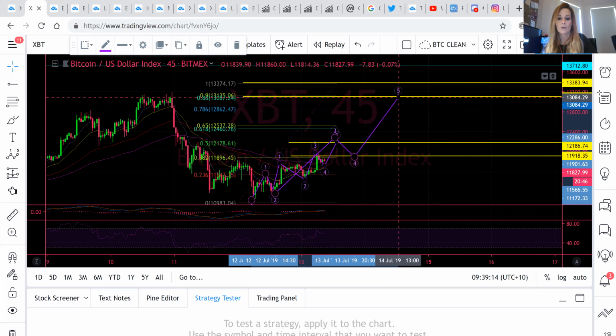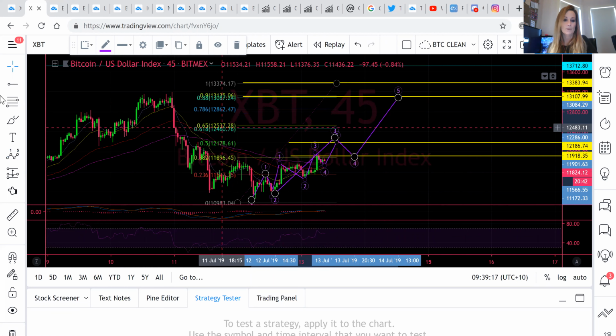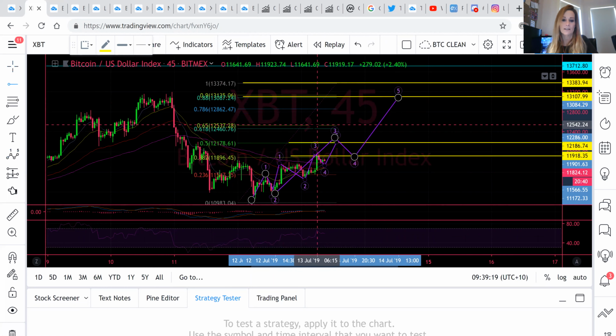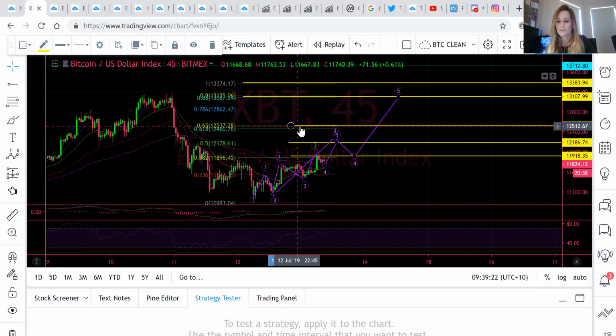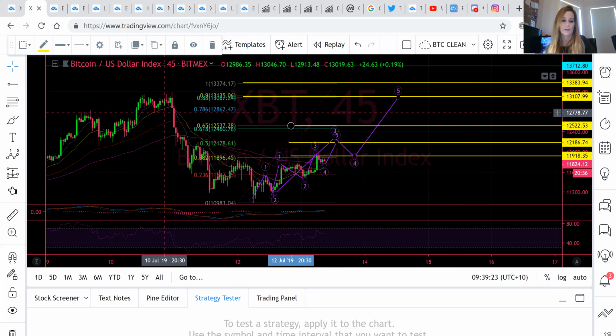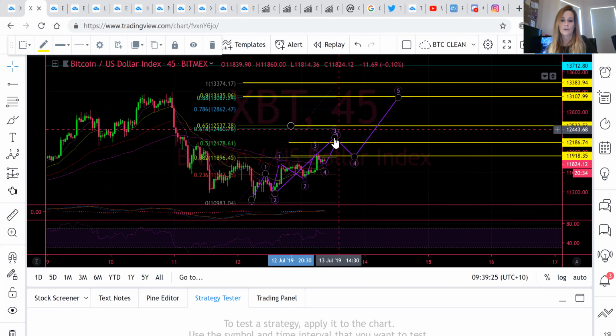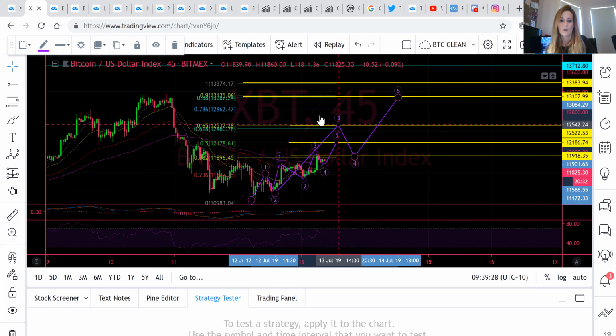So for our third, we could come up to the 0.618 on this next wave, which is going to take us to about 12,500. If we get to this point, we are going to see these two waves here.